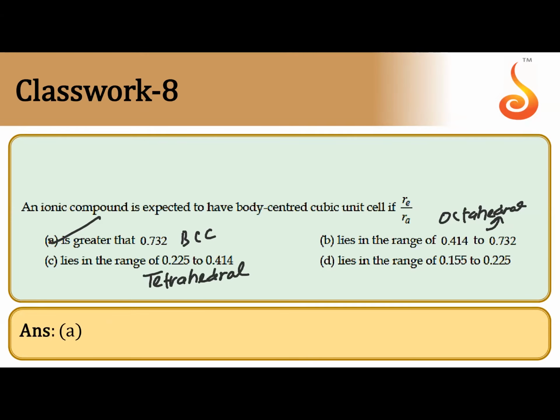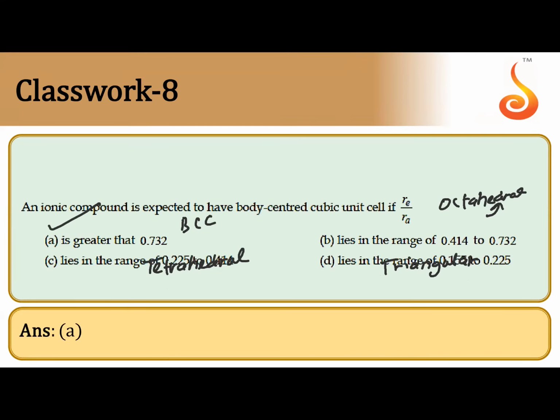If it lies in the range between 0.155 to 0.225, it is triangular. Once we identify all these radius ratios and the structure of the solid state, you will get very clearly that option A is the correct answer.